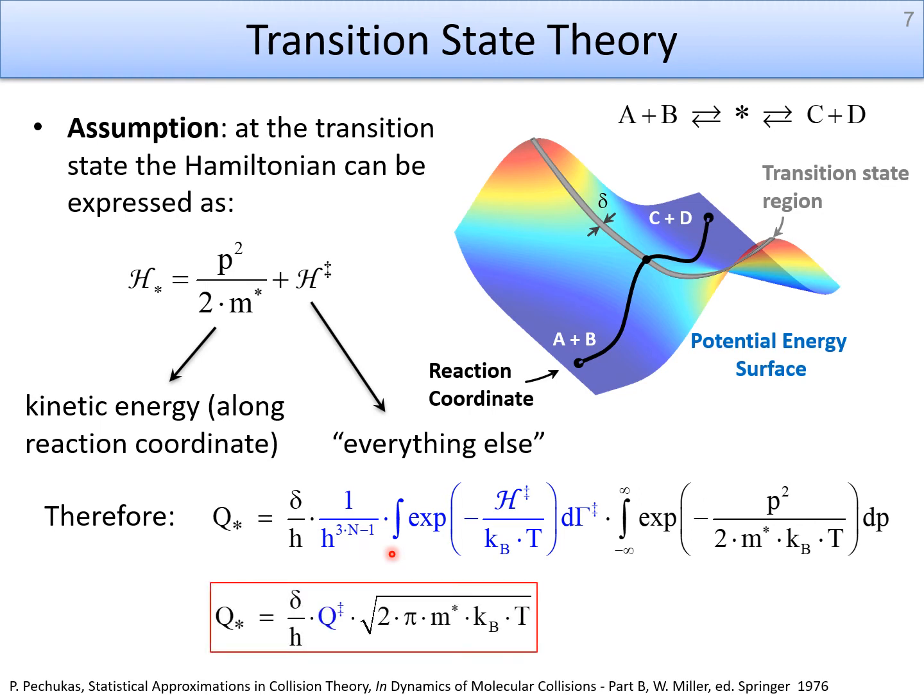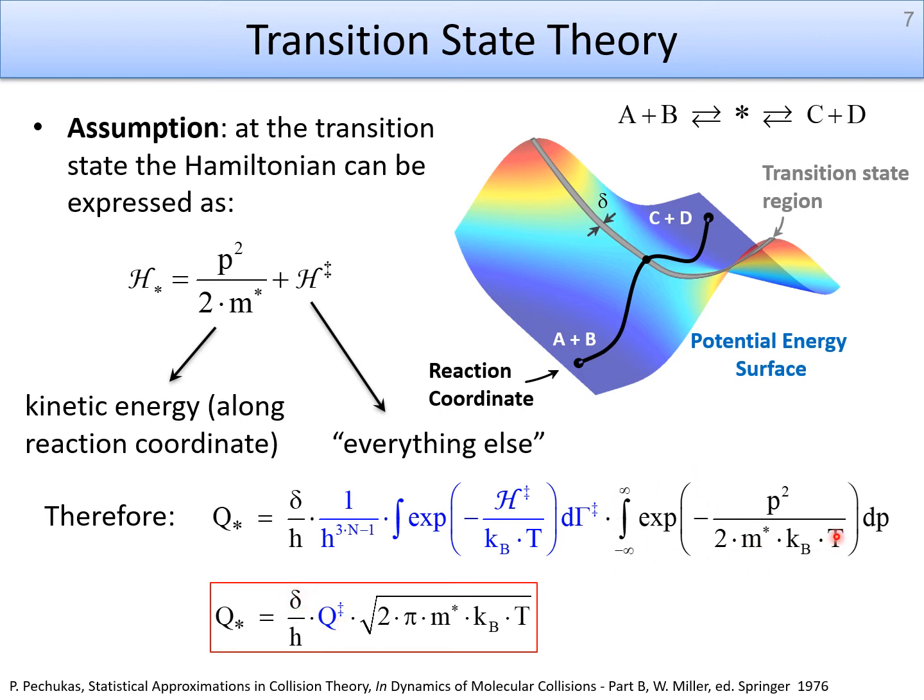Now we can denote all this blue term as Q double dagger. And this is actually a well-defined thing, right? Because we can integrate this expression along this thin region of space. This is fine. So this is a well-defined thing. The only problematic term is this, which will be eliminated.